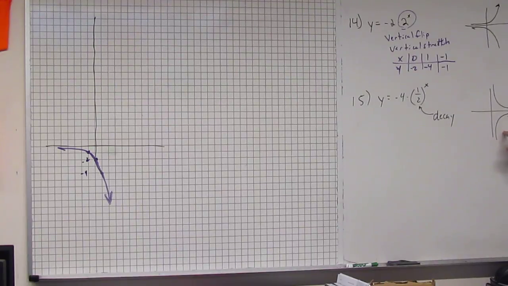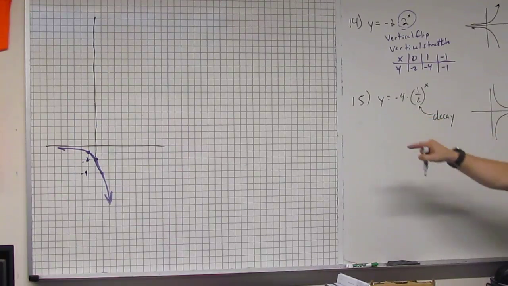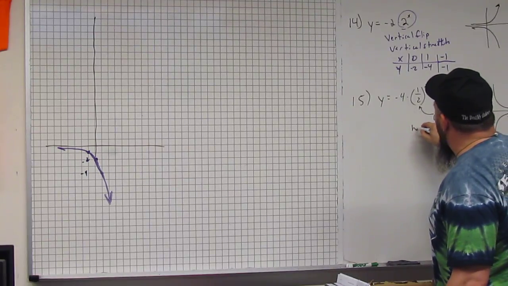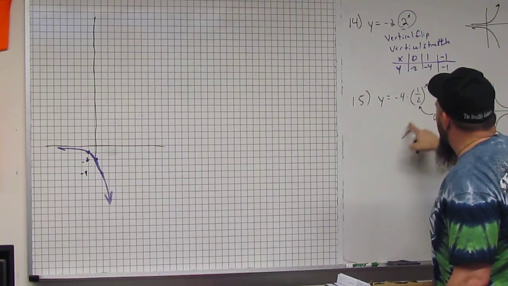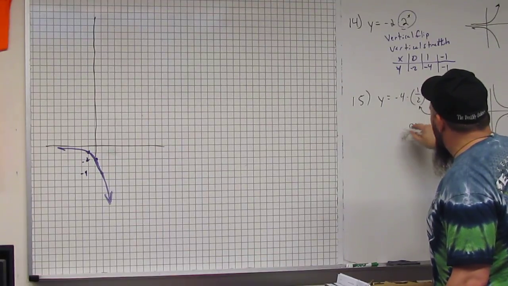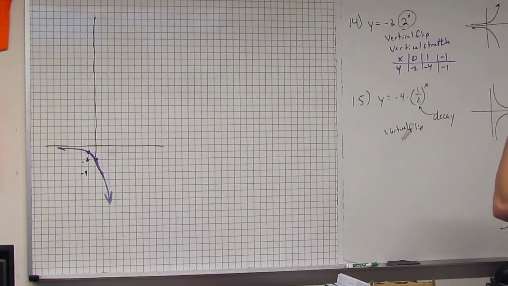And this is a negative decay. Is it a negative decay? Yeah, right? So we know that it's a horizontal flip, looks like this. Right? So it's on the negative side.